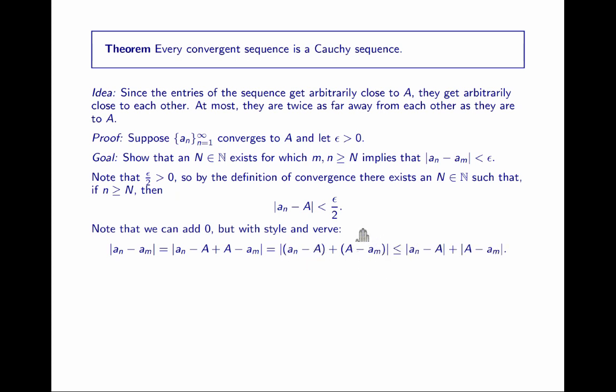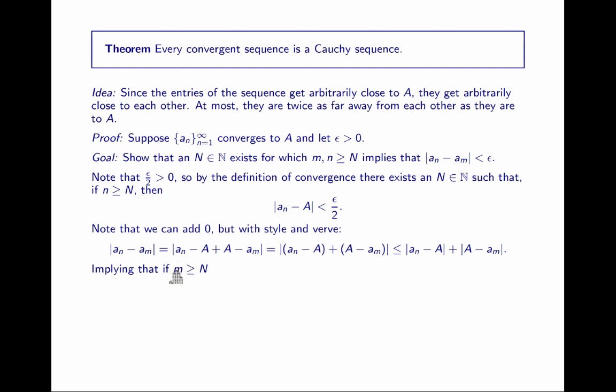And then using the triangle inequality, we can say this expression is less than or equal to the absolute value of an minus A plus the absolute value of A minus am. Now, so long as n, this n here, is greater than or equal to big N, then this is true, right? And this is true for any integer greater than or equal to this big N.